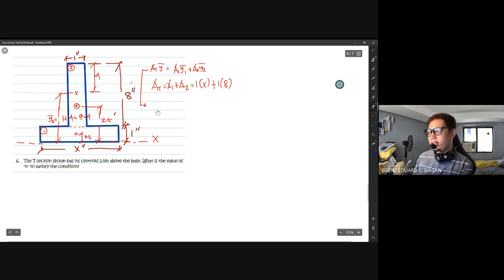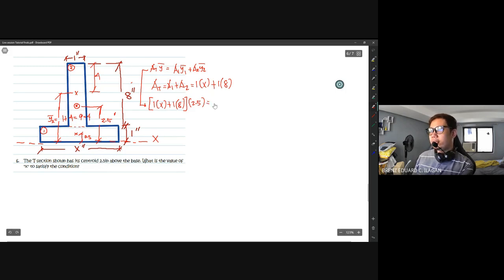So with that, resume on this equation. Copy this: 1 times x plus 1 times 8, multiplied by y bar, which was given in the problem, 2.5, the centroid of the whole inverted T section.